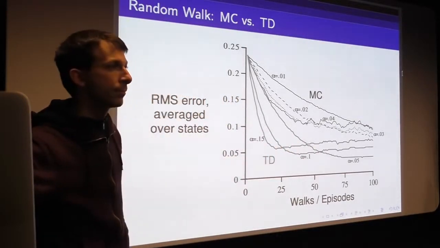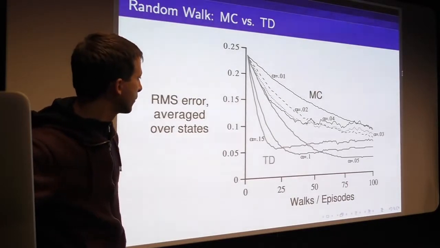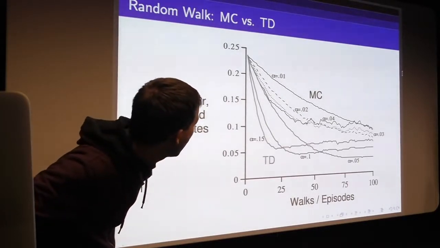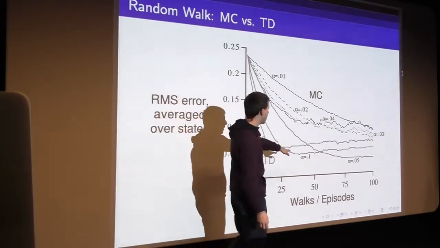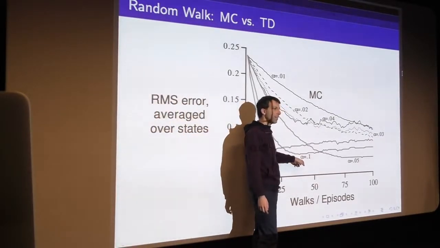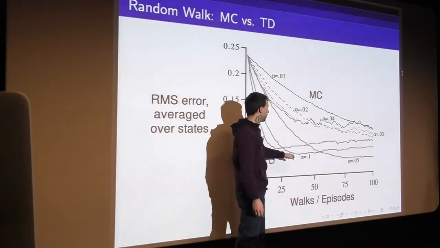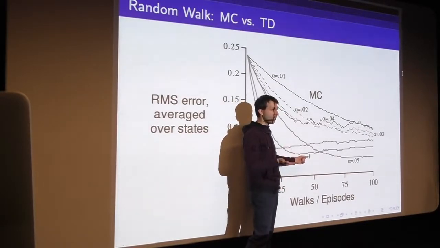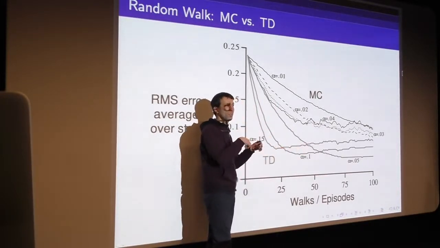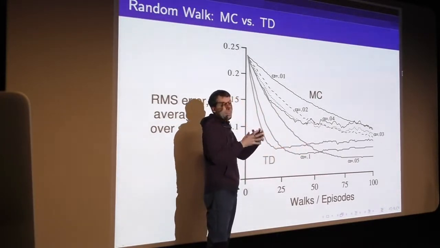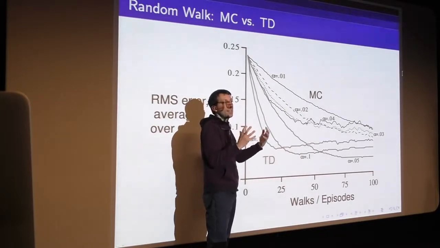Is there any reason that the error stopped growing when we increase the number of episodes? I think it's just that the noise in these step sizes is very high. With these step sizes, you can never get exactly to the true value function. With a large step size, you will oscillate around the true value function within some ball that's governed by the size of your step size.